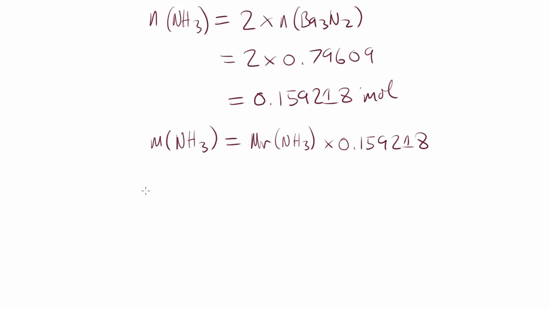So the mass of NH3 is going to be equal to 17 multiplied by 0.159218. Okay.